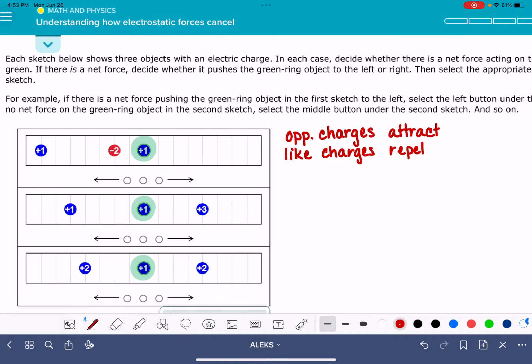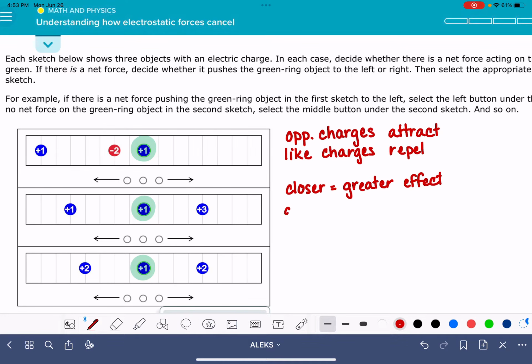The other thing that we want to keep in mind when we're working on this problem is that the closer two objects are to each other, the greater the effect or the stronger the force. So objects that are close together are going to have a greater effect than objects that are far apart.